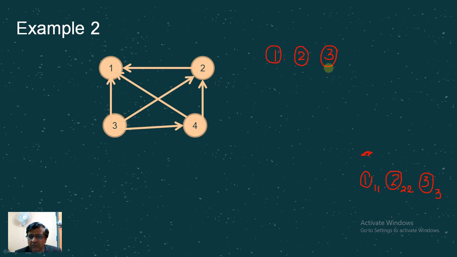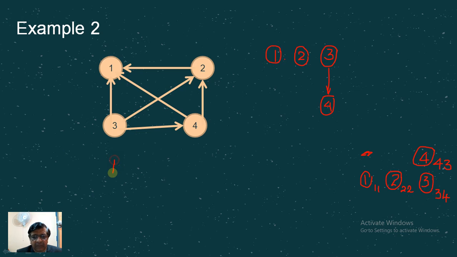From 3 we can go to 4, 4 is not visited. So we will go to 4. So 4 is the fourth vertex to enter the stack. But 4 will become a dead end, therefore it will be removed. So it is the third to go out of the stack, and then 3 will be removed. It is the fourth one.